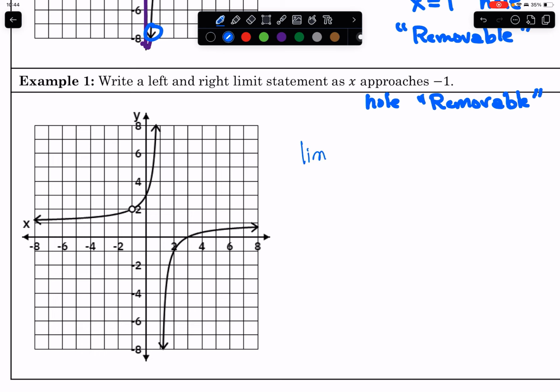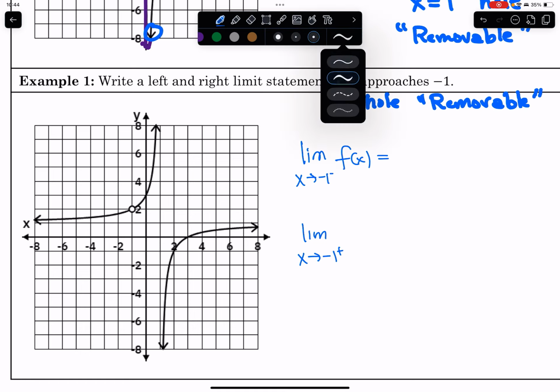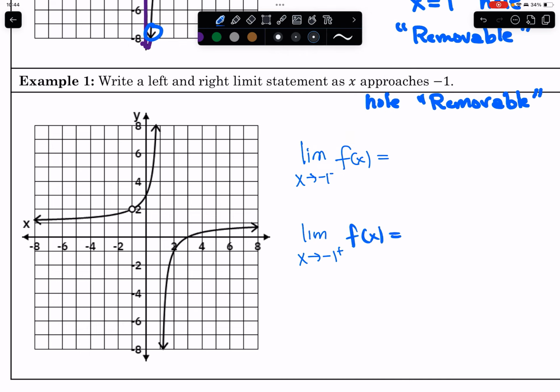So our limit as x approaches -1, and we'll call this function f of x, from the left side, and we want to get the limit as x approaches -1 from the right side of f of x.